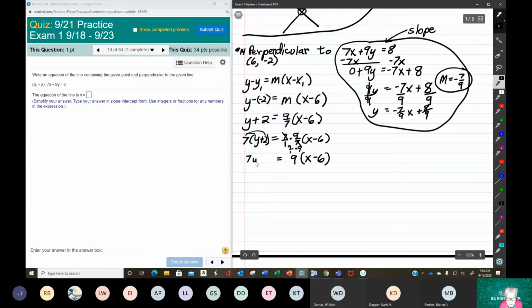So I'll have 7y plus 14. And then I have to distribute the 9 over here. So we'll have 7y plus 14 equals 9x minus 54.